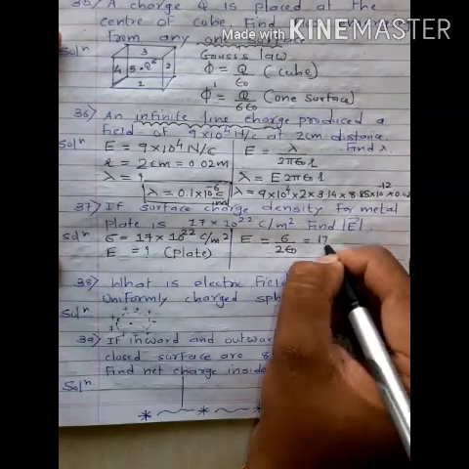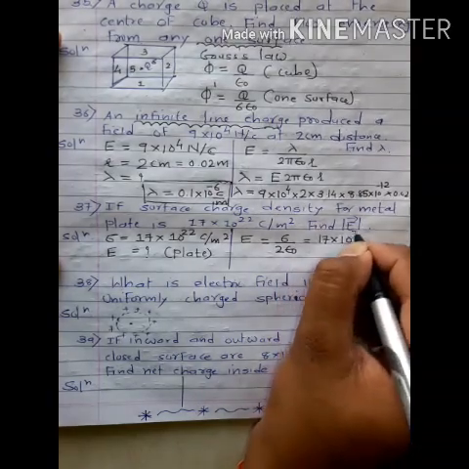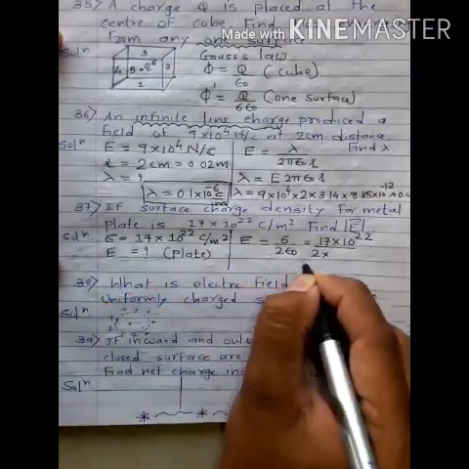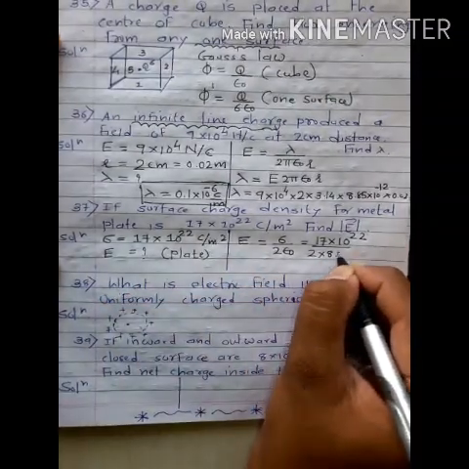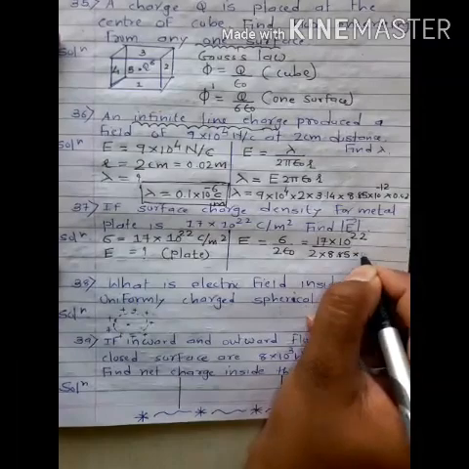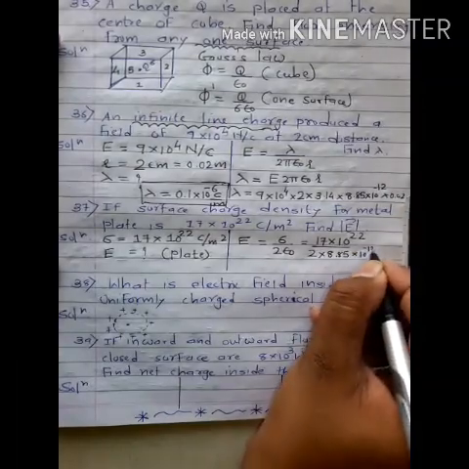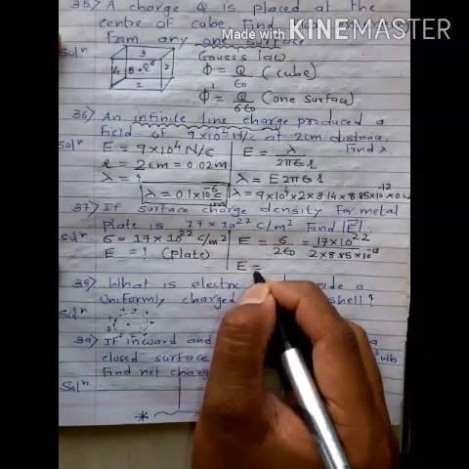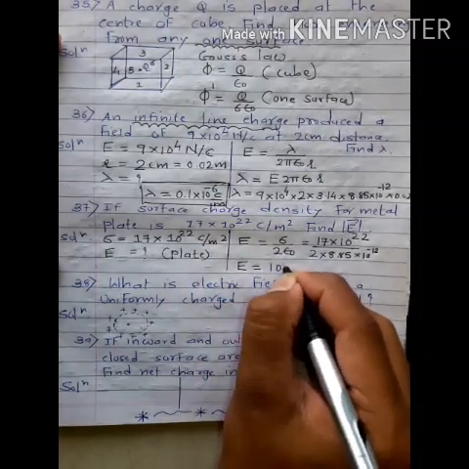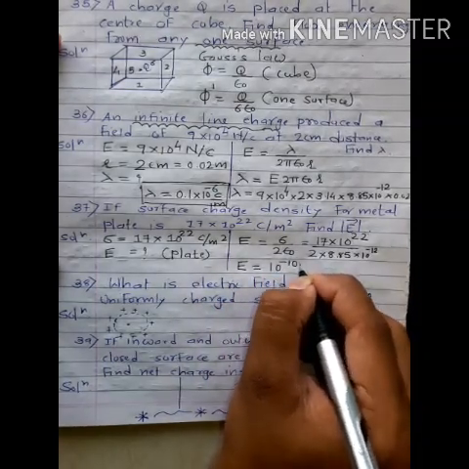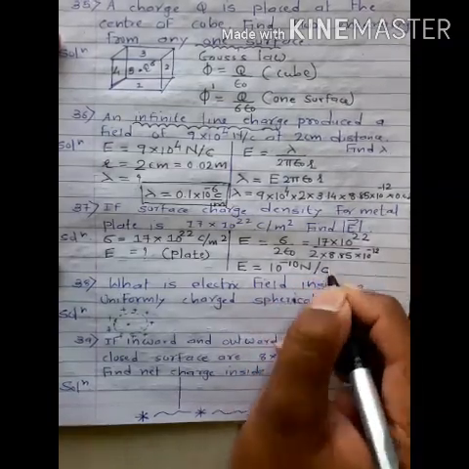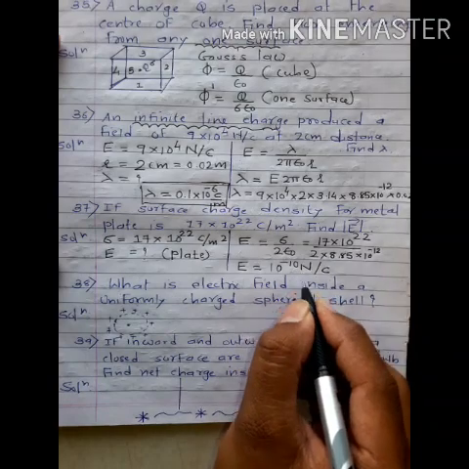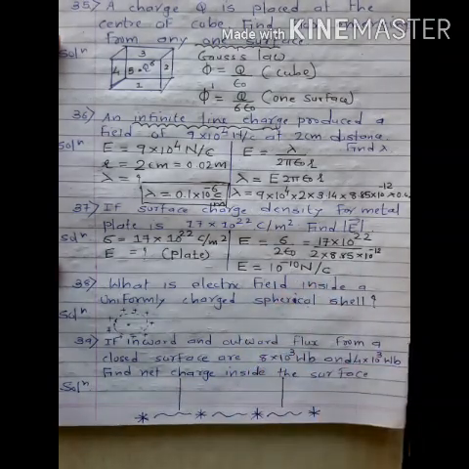Substitute all value. 17 into 10 to the power 22 divided by 2 epsilon 0, this is our standard constant, 8.85 into 10 raised to minus 12. Clear? Find your answer. So electric field is given by 10 raised to minus 10 Newton per coulomb. So electric field produced by metal plate is 10 raised to minus 10 Newton per coulomb.